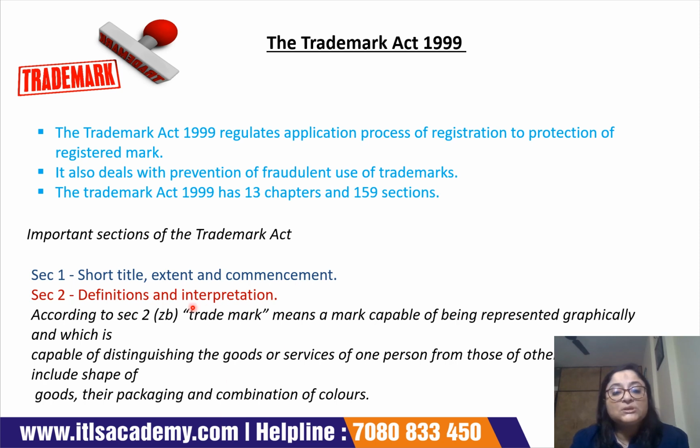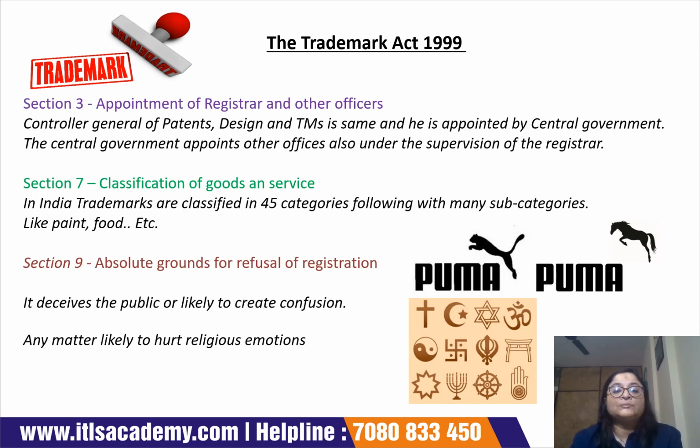So this is the basic definition of trademark from which we derive our own definitions. Like this, section 2 gives the definition for each and every term used in the Trademark Act.